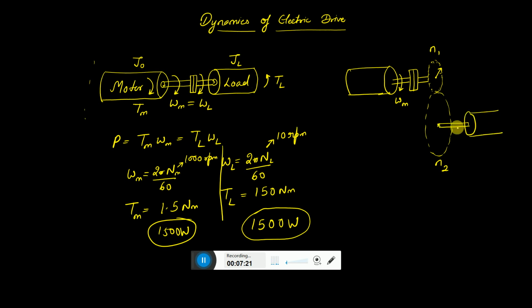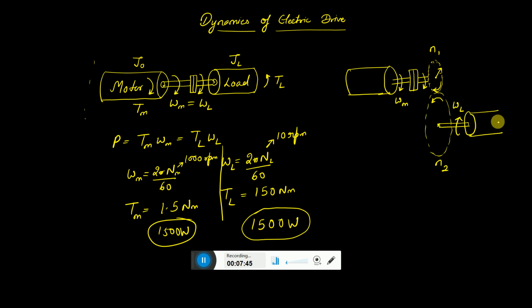This one is clockwise, so this will rotate clockwise. Obviously this wheel will rotate anti-clockwise, and this will rotate anti-clockwise with a speed of omega L.